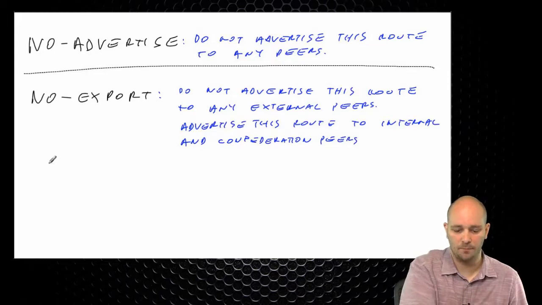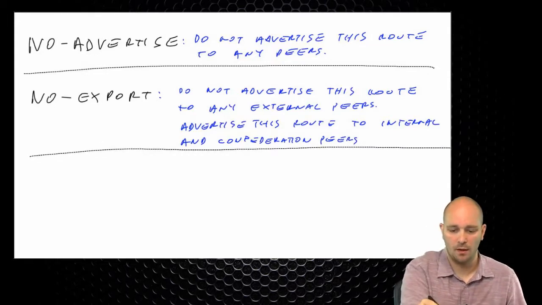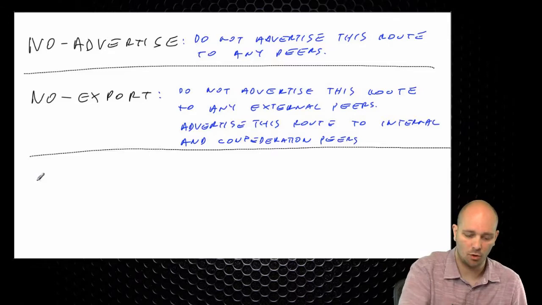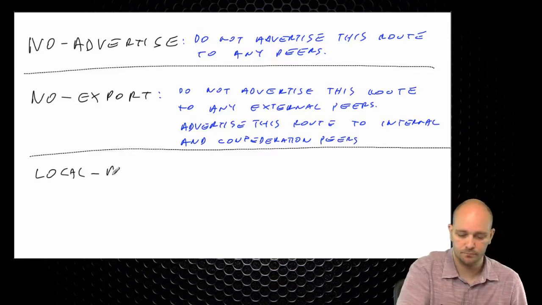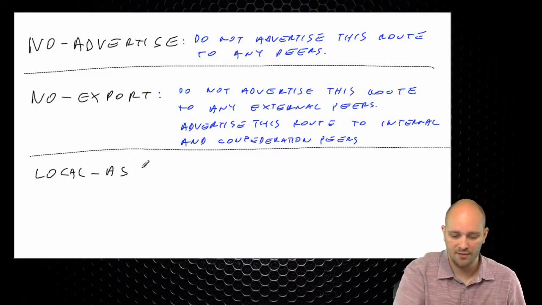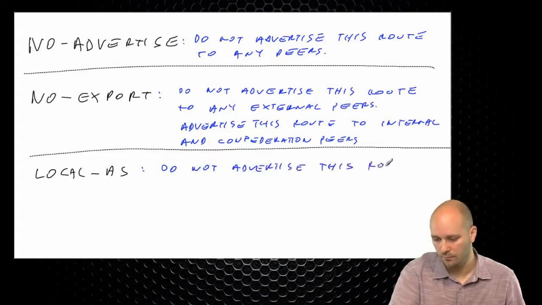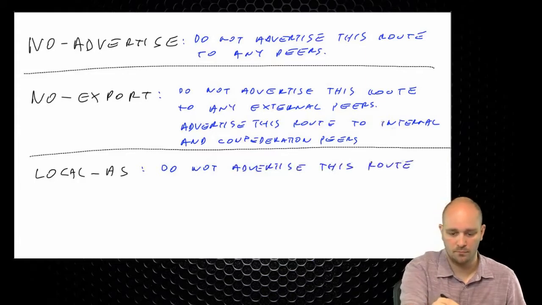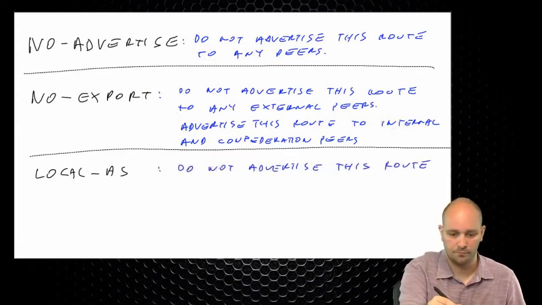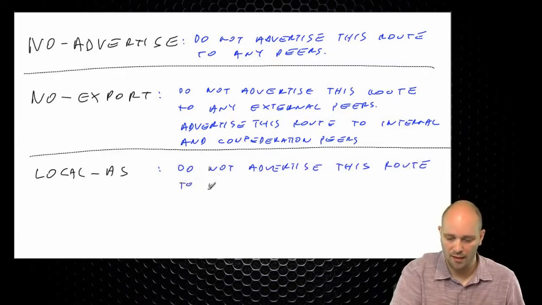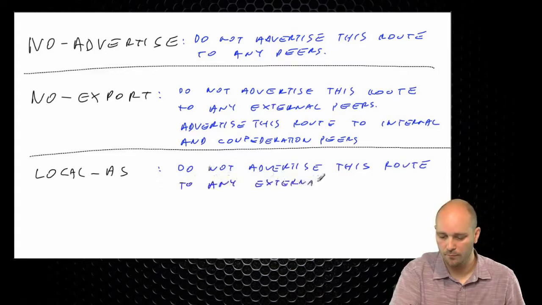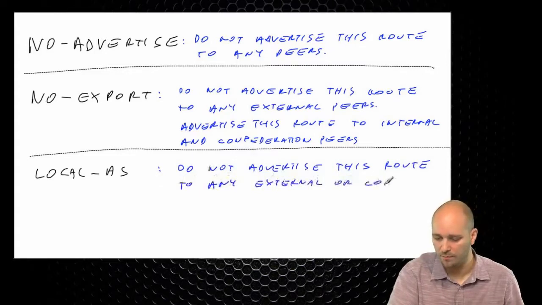Now let's take a look at local-AS. This simply means do not advertise this route to any external or confederation peers.